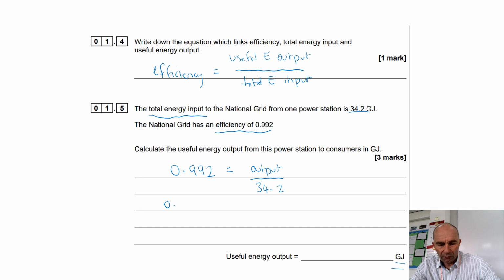So it means 0.992 multiplied by 34.2. Put that into your calculator and you end up with 33.9 gigajoules. Now that question is total out of 10. Hopefully you got 10 out of 10 on that one.